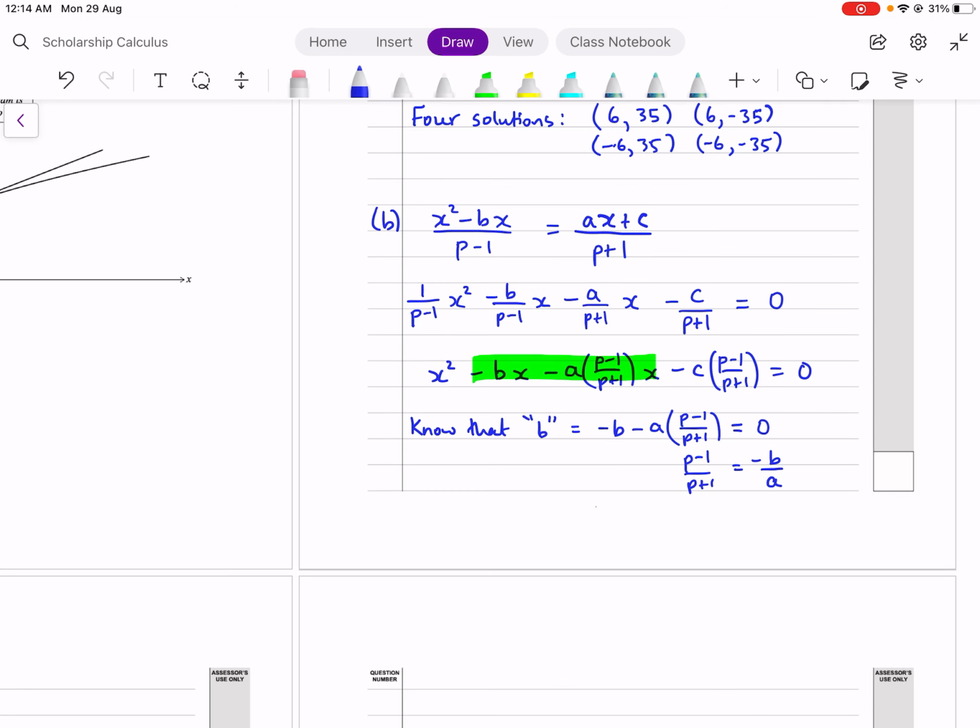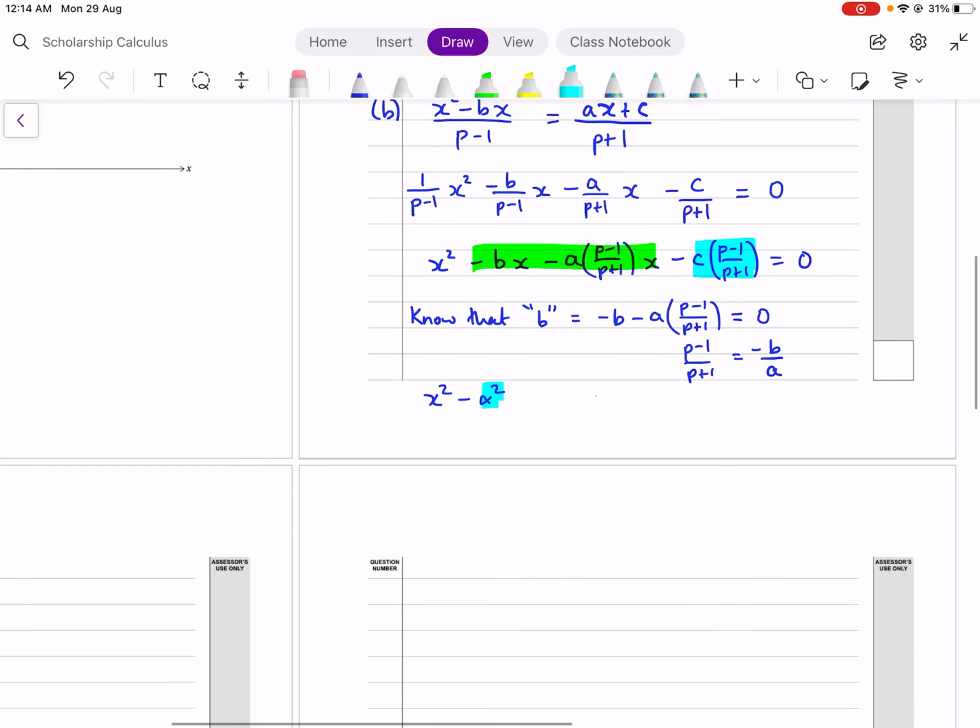Now we also know, it being a difference of two squares, x squared minus alpha squared, that this last term here must be a positive number. It's got a minus in front of it, and it's got to be something squared, so that thing must be a positive number.